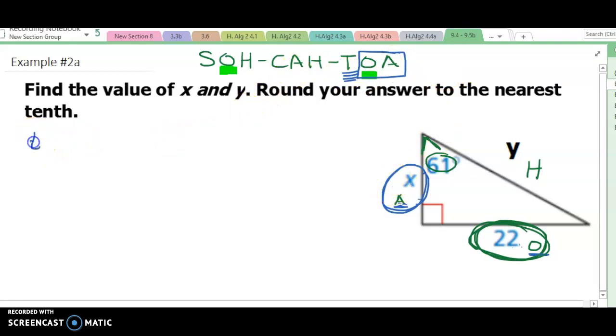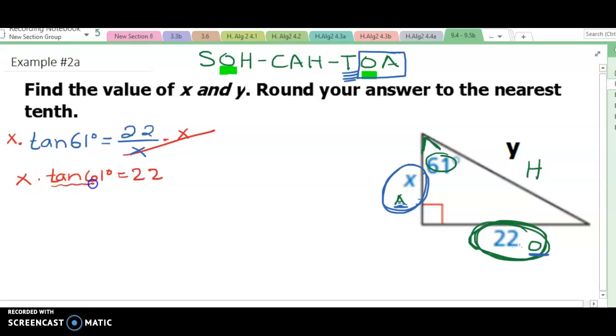So I could say that the tangent of the angle measure 61 degrees is going to equal, well guys, tangent is opposite over adjacent. Okay, so that's 22 over x. Okay, now it's just doing algebra and solving. So get rid of the fraction first. Always get rid of the fraction first. So multiply both sides by x. Have x times tangent 61 equals 22.